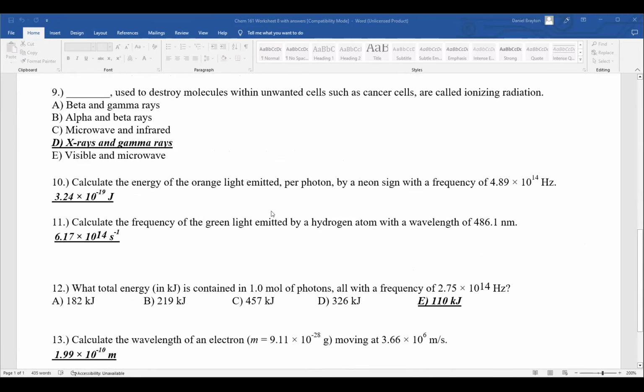So c, the speed of light, equals wavelength lambda times nu, the frequency. Here they're giving you the nanometers, so you want to get out of nanometers and into meters, and then the speed of light is 3 × 10⁸ meters per second.